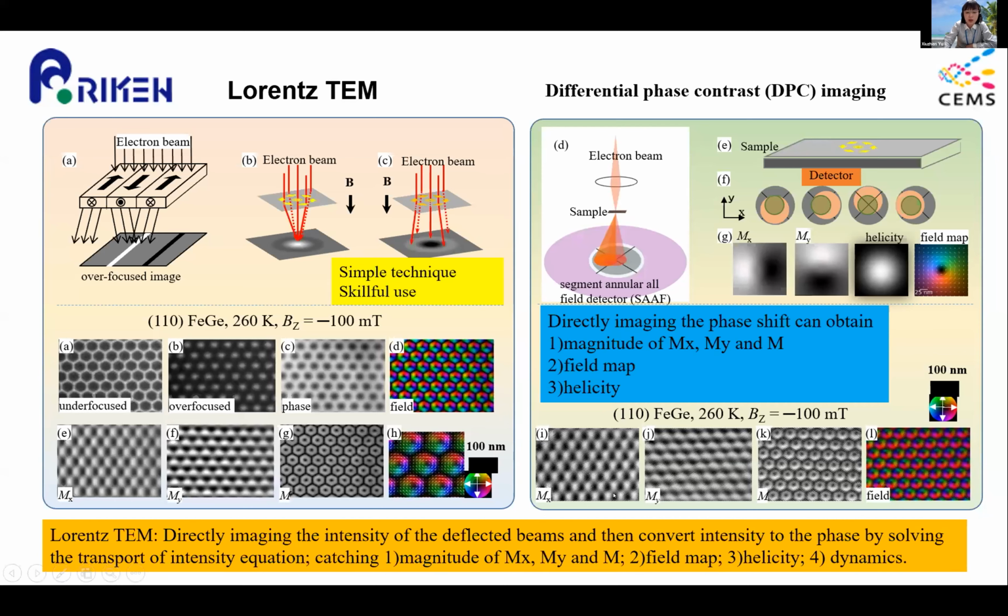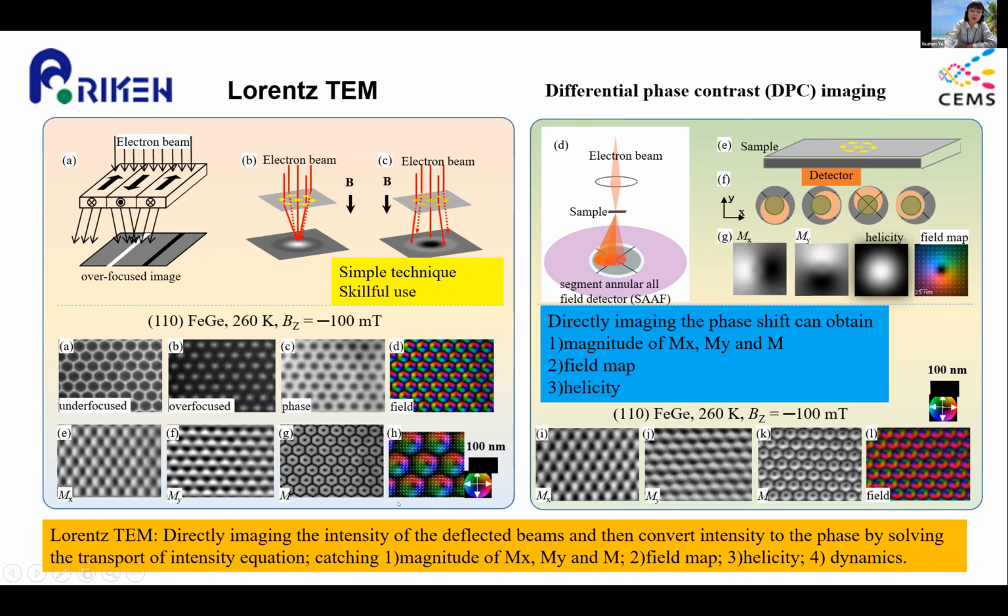Red points the field along the right direction, and blue-green indicates the field along the left, and you can see the arrow.